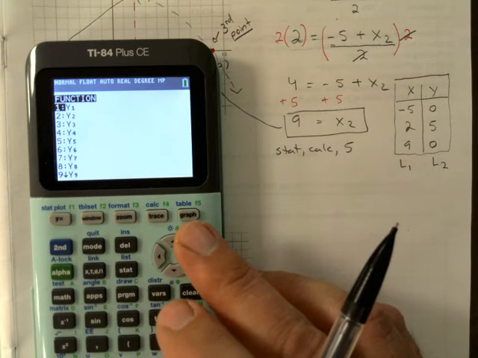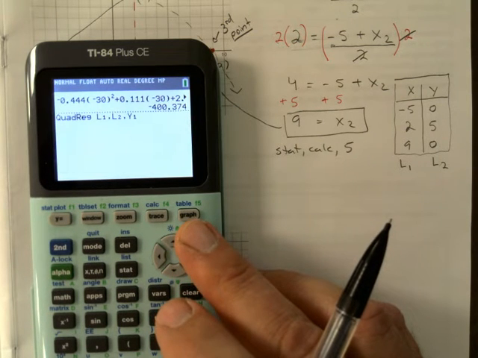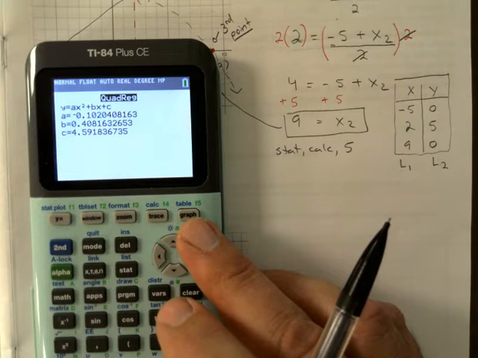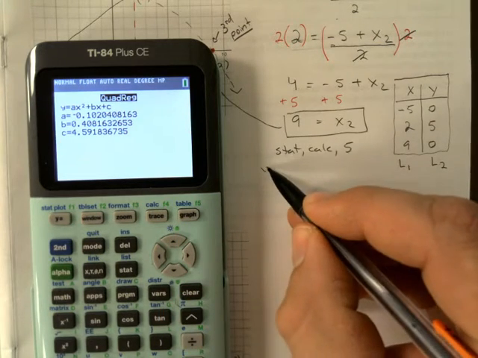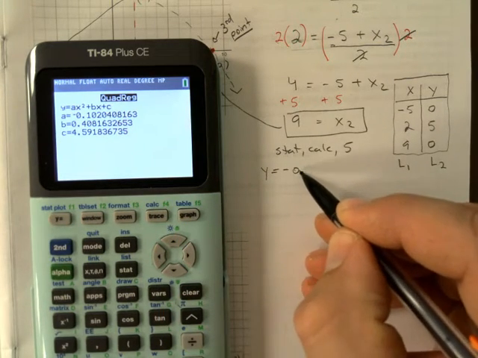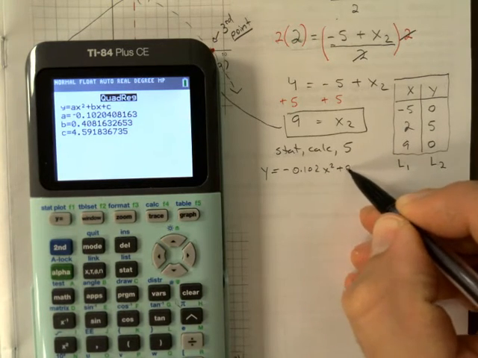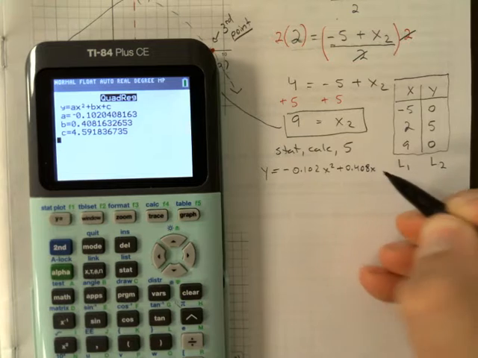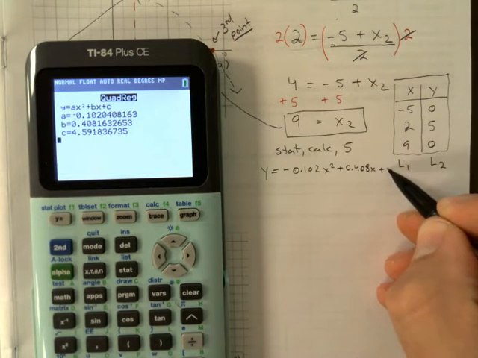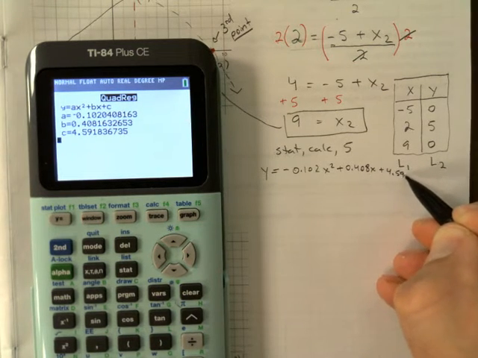Enter, enter, enter. So it's y is equal to -0.102x squared plus 0.408x plus 4.592.